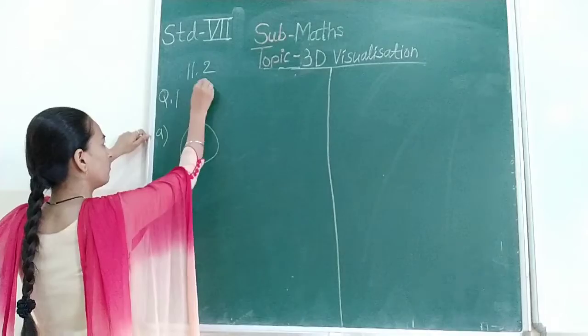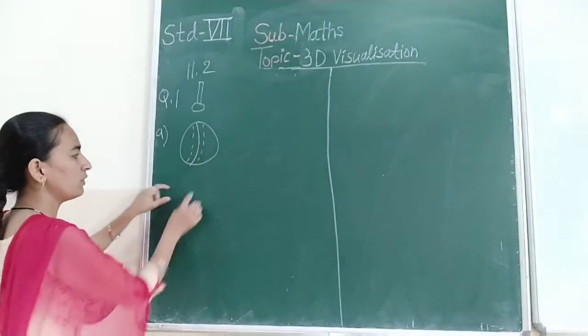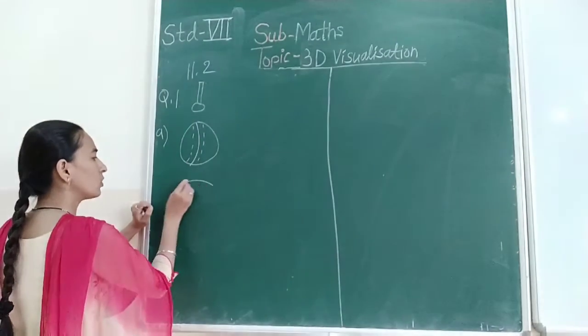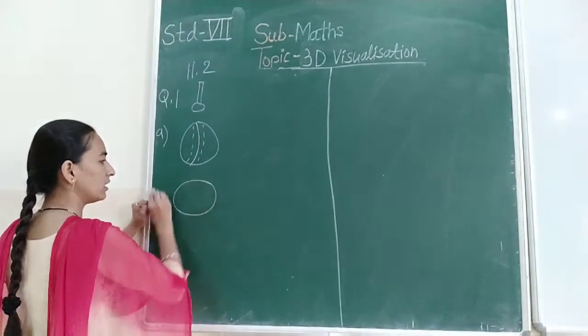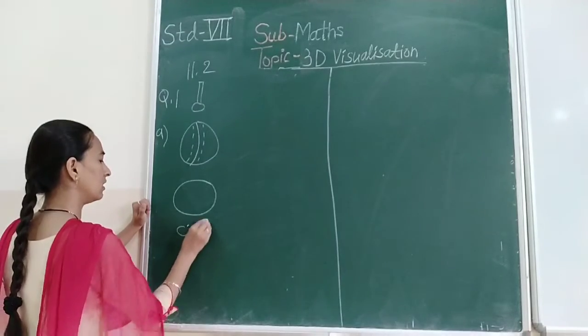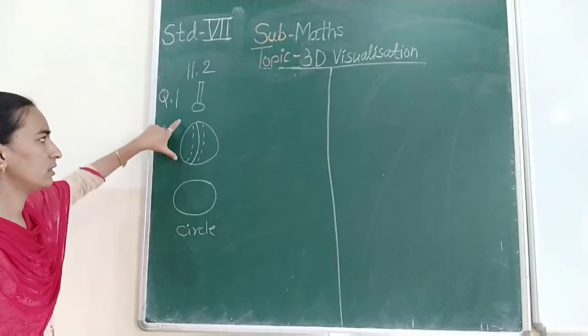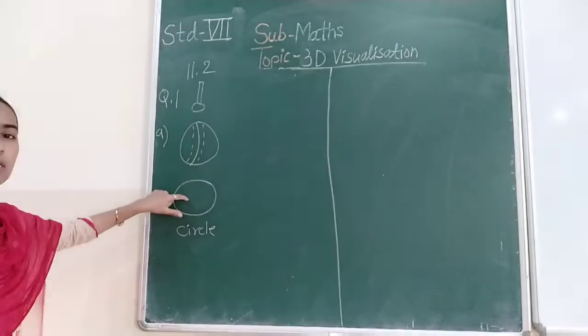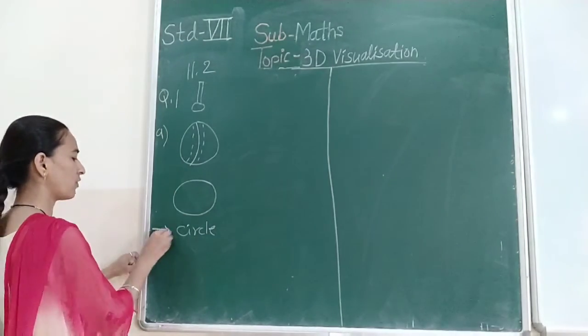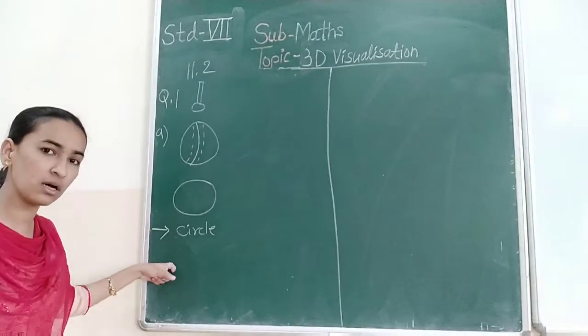The shadow will be downside and how does it look? It looks like a circle. So the shadow of a sphere is a circle. So the answer for the first is circle.